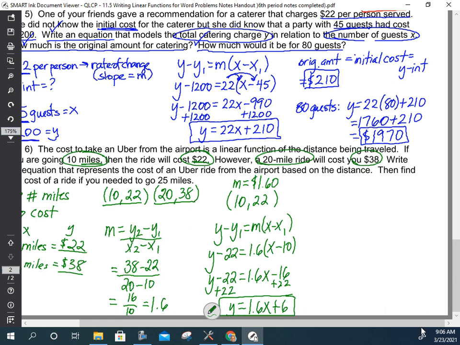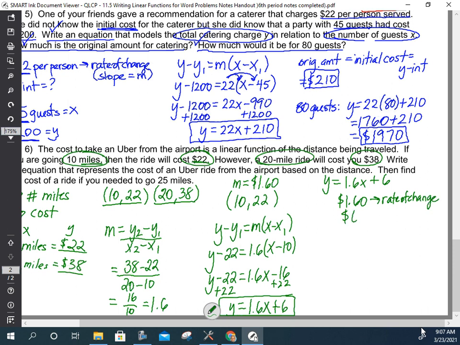So now let's put this into context. So if you have y equals 1.6x plus 6, so it would be $1.60. That's your rate of change. That's how much it's going to cost you per mile.